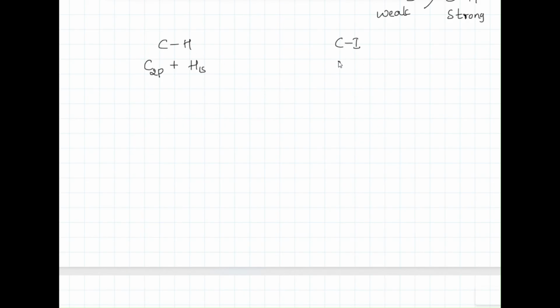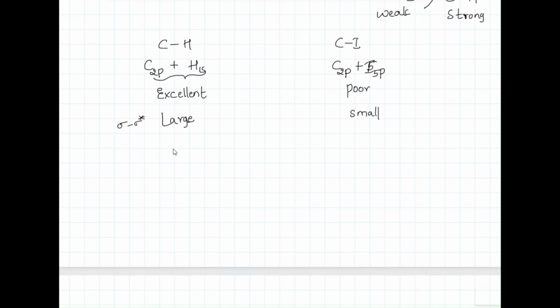Here in C-I, carbon 2p orbital overlaps with iodine 5p orbital, and the overlap is poor, whereas the overlap between carbon 2p and hydrogen 1s is excellent. Hence, in C-H the energy splitting between sigma and sigma star is large. In C-I, the energy splitting is small.